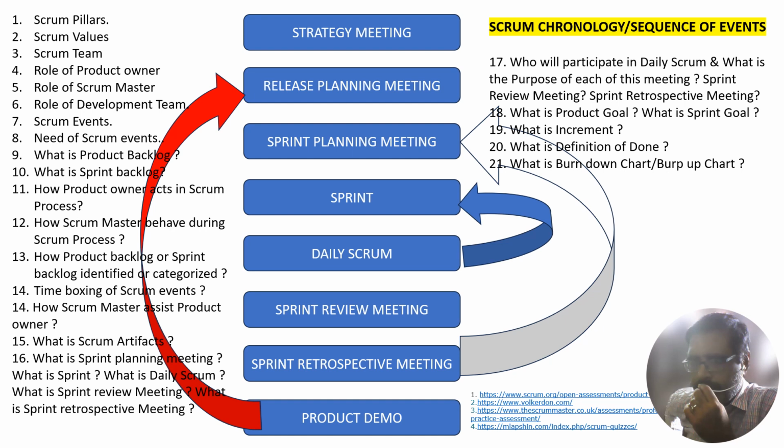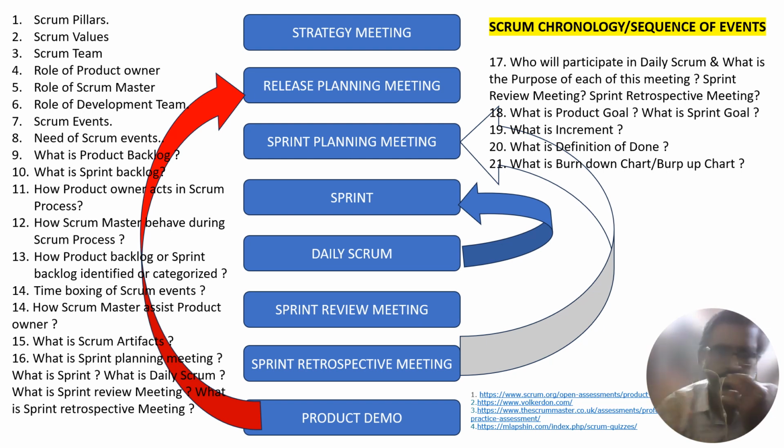These events are specifically designed to enable the transparency required. Failure to operate any events as prescribed results in lost opportunities to inspect and adapt. Events are used in Scrum to create regularity and to minimize the need for meetings not defined in Scrum. Optimally, all events are held at the same time and place to reduce complexity.